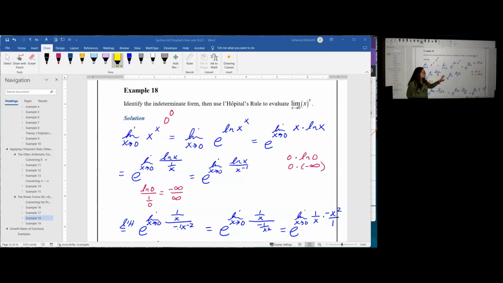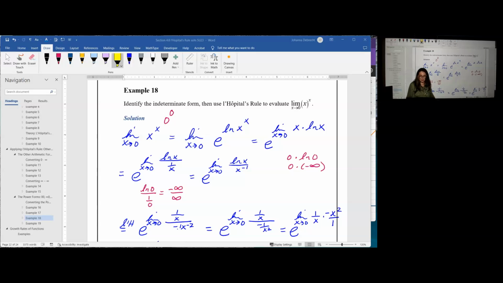I rewrote the 1 over x in its power form, x to the negative 1, to make it easier to apply L'Hopital's rule. Notice that the natural log of 0 again approaches negative infinity, but 1 over x also is going to approach infinity as x approaches 0. This gives me a basic form of infinity over infinity.